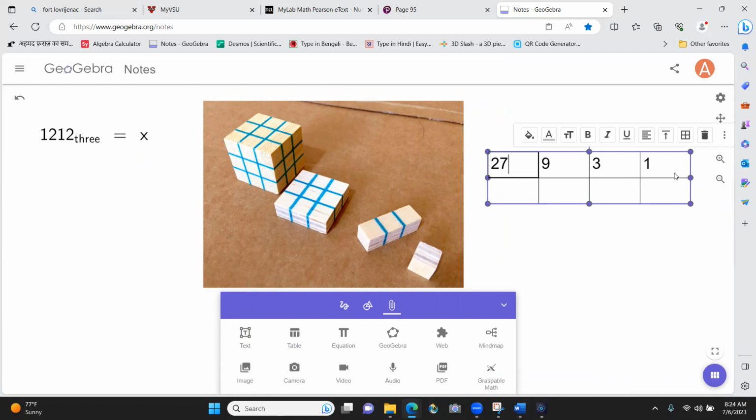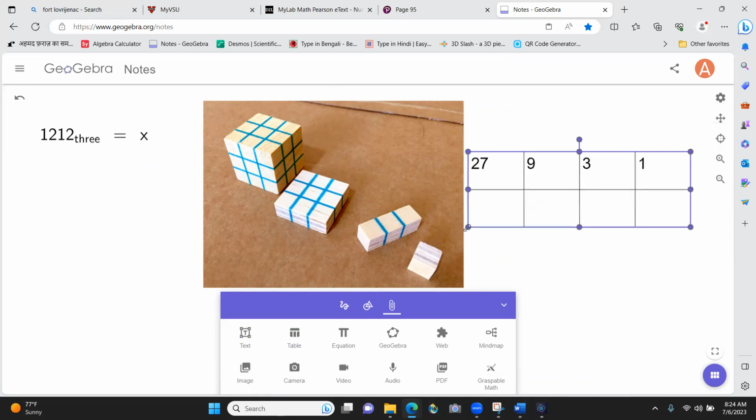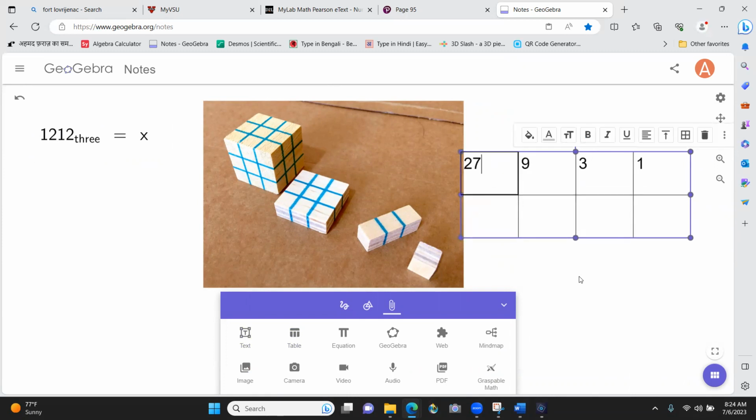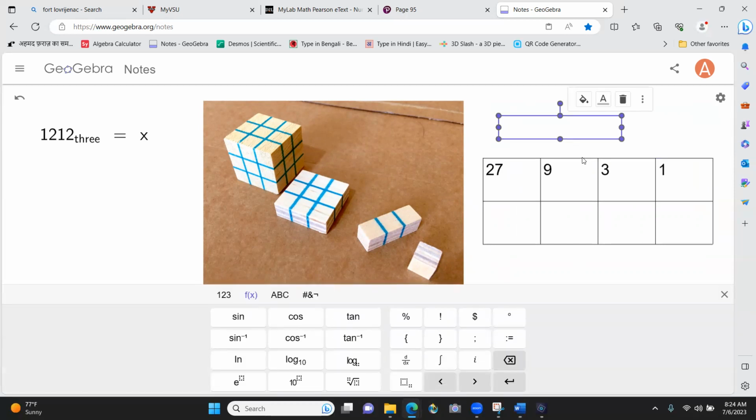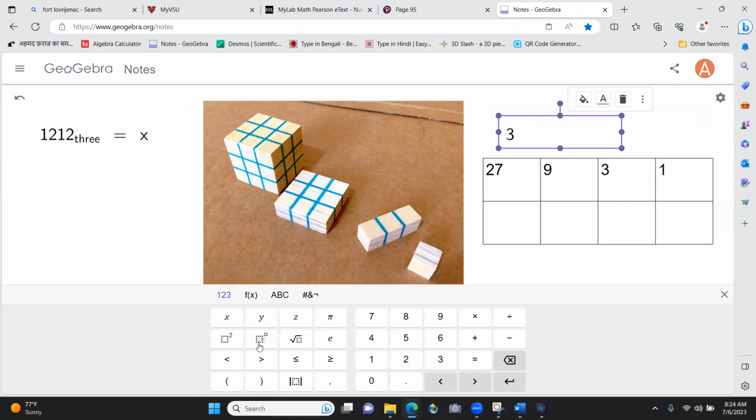But let me do one more thing. Instead of 27, remember we learned the exponent notation? I'm gonna write 3 to the power 3. Well, this won't let me write it, but I'm going to write it on top. So give me a second. Instead of 27, I can write 3 to the power 3.